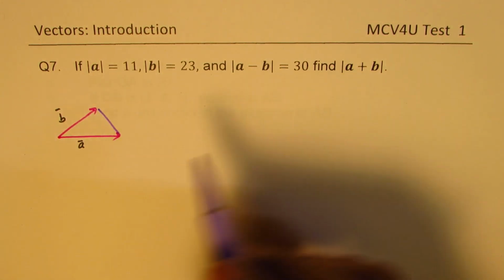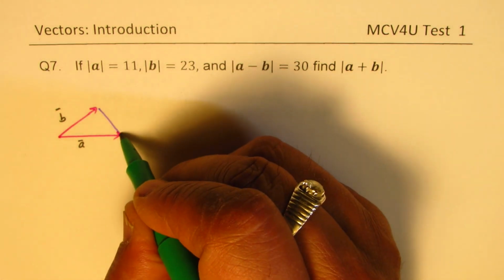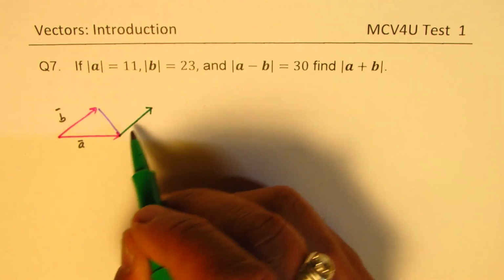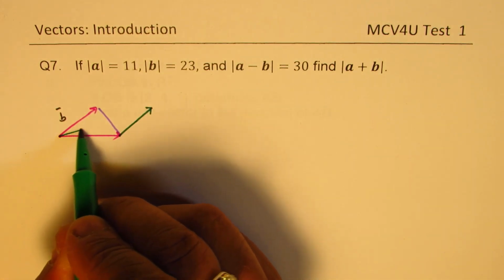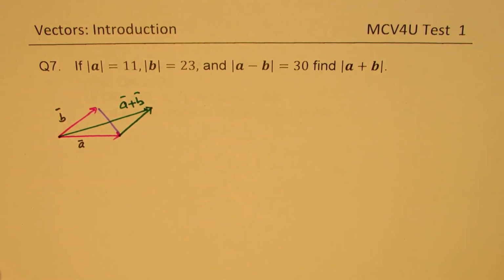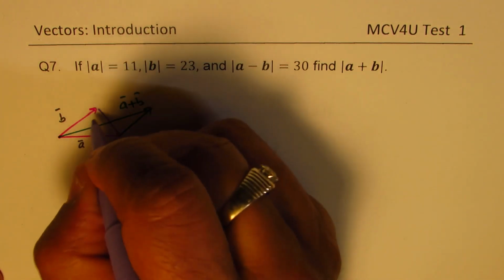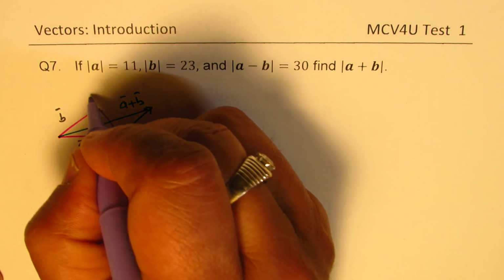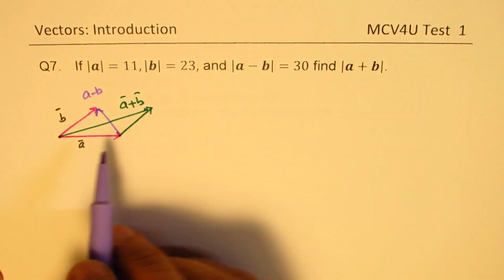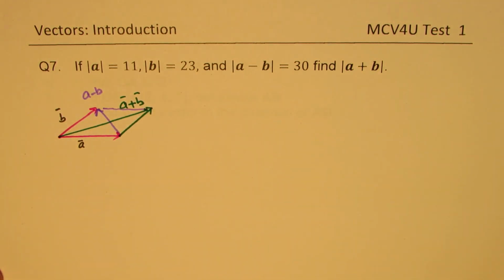But when we say A plus B will be that vector. So this vector is vector A plus B. You get the idea, right? And A minus B is this vector. So that is how the vectors are when you make a parallelogram.